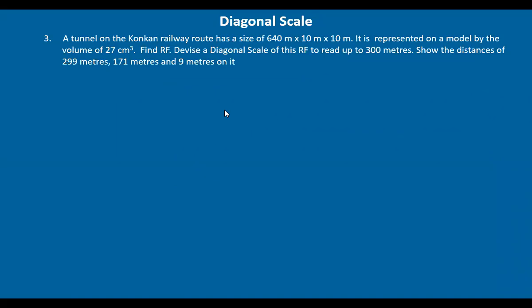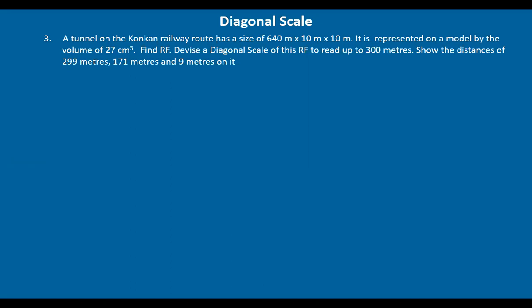a tunnel on the Konkan railway route has dimensions 640 by 10 meters, all around meters. So a cubic dimension is given here. A 3D dimension is given. It is represented on a model by a volume of 27 centimeter cube. Earlier we used to find the RF using lengths, 1 dimension.